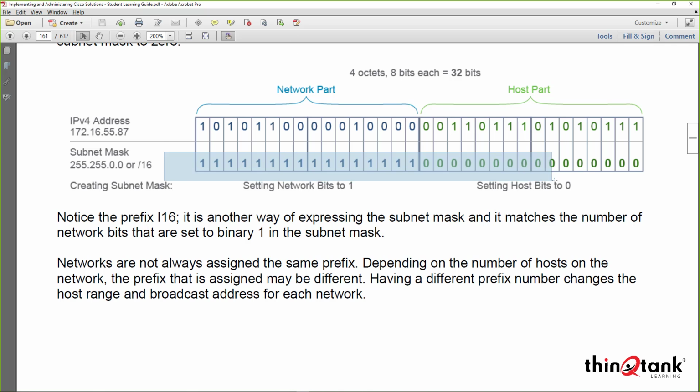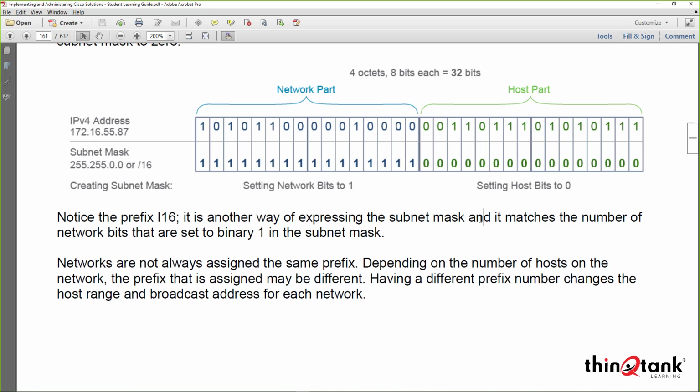It always has to be consecutive ones followed by consecutive zeros. You will never see a subnet mask that has a mix of ones and zeros, because again, the ones do represent something specific. The first 16 bits of this address is the network. The last 16 bits of the address is the host range.